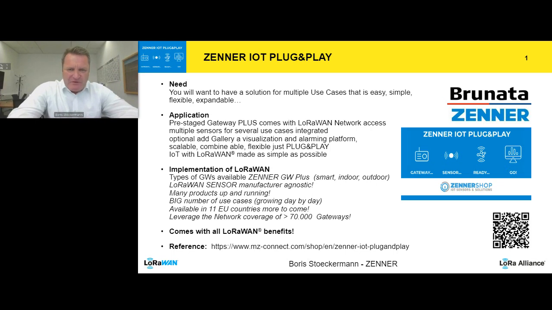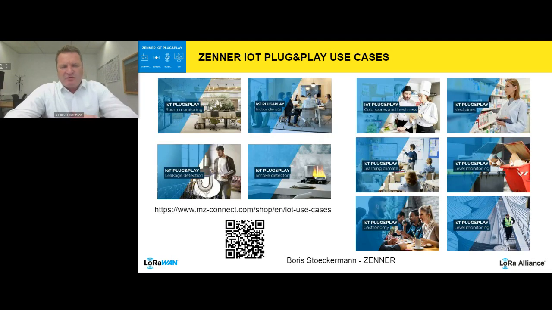And what I brought with me today is some of the big solution portfolio that we are offering with this plug-and-play concept. And we already got some nice introduction on different use cases. Amy told us about a leakage detection thing. And I think it's worse if you have a leakage in your apartment and in your building.